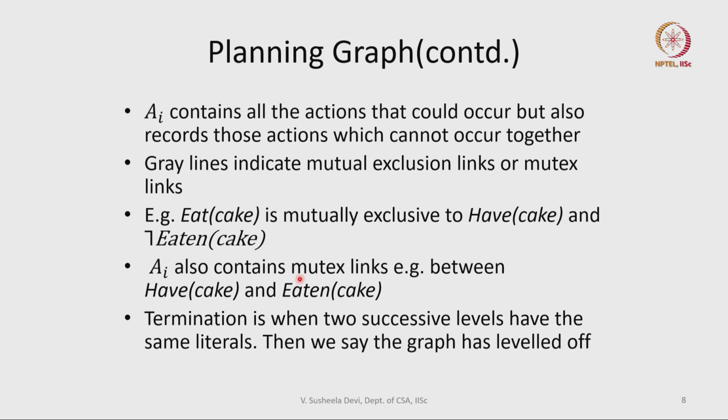So Ai also contains mutex links, that is between have cake and eaten cake. Okay, because if you take eaten cake, the result of that is not have cake, and here we have cake, so have cake and eaten cake are mutex with each other. Okay, termination is when two successive levels have the same literals. So we saw how that actually works.